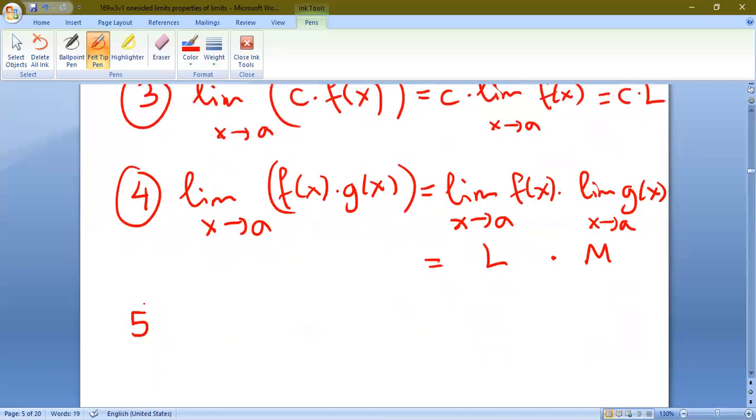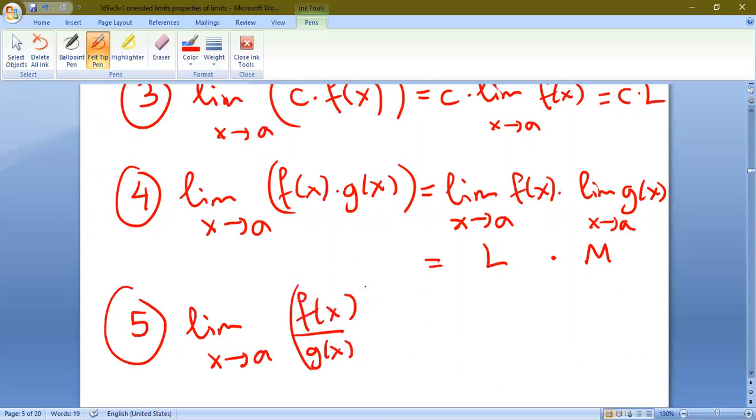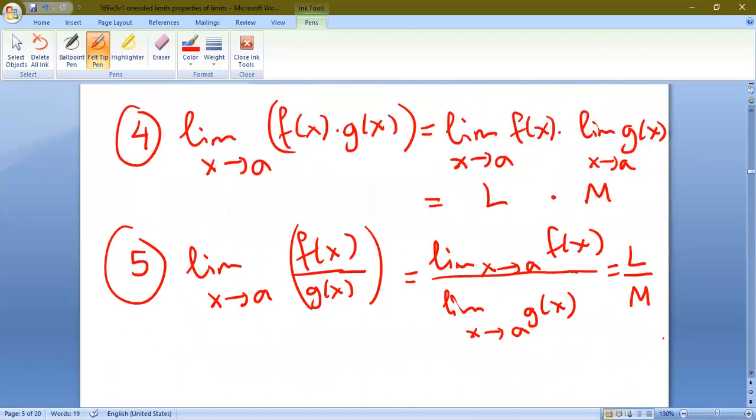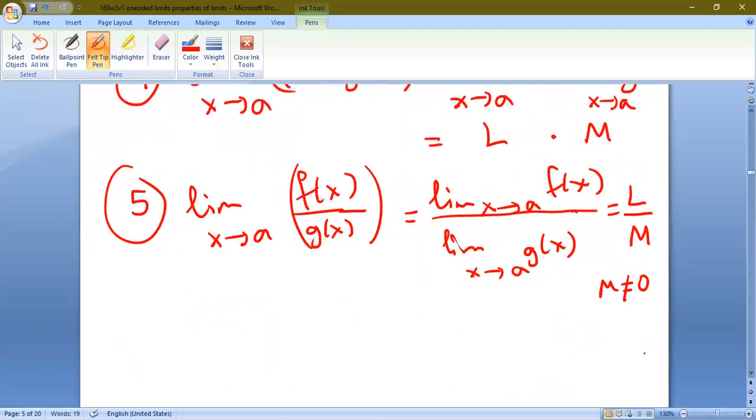Again, similarly, we can have the quotient of two functions, and if you want to look at the limit as x goes to a, then we can take the quotient of the limits, which is going to give us the result L over m. Here, of course, we don't want m to be 0, otherwise it's going to be undefined. And then there are some other laws. Let me write them.